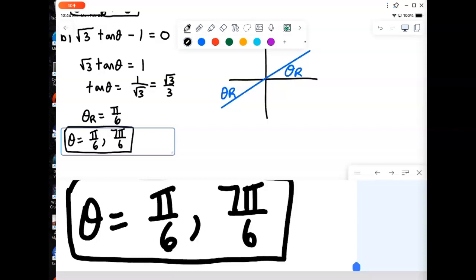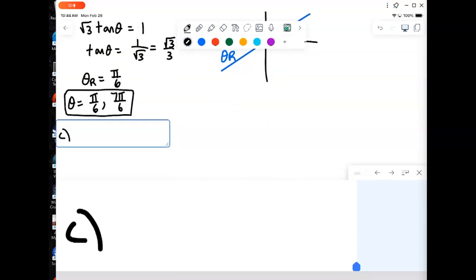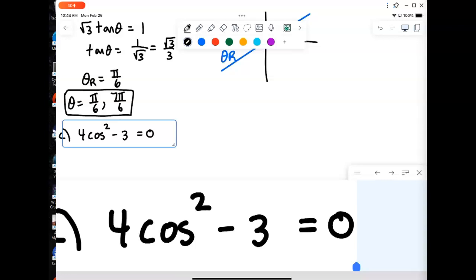Okay, so let's move on to another example. This one is a little bit more involved. Here we have 4 cosine squared theta minus 3 equals 0. This time we're dealing with a cosine squared, but the process is still the same.